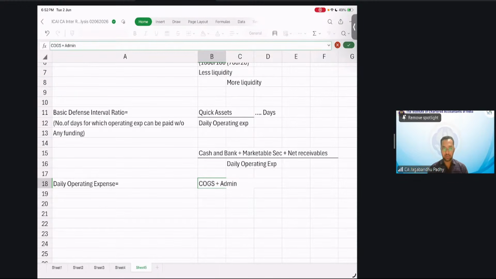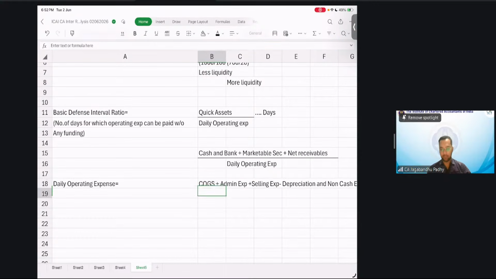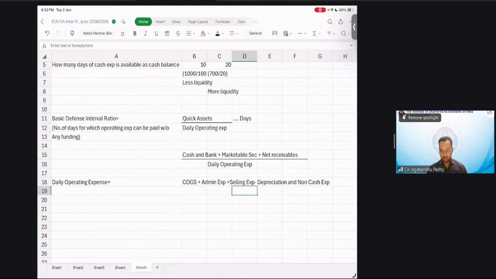So this is going to be COGS plus admin expense plus selling expense, less depreciation and non-cash expense, divided by 365.